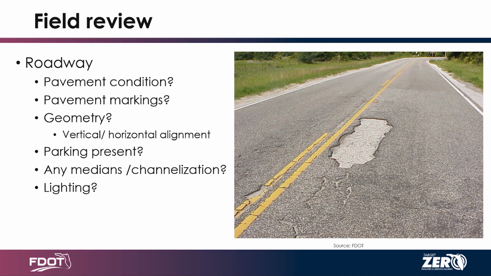When I go out and do it, I would note it, and then I would probably tag in my roadway people and ask, can you take a closer look at it? Visually, you can tell something's a little funky, but a big part of a safety field review is that you make these observations, and then sometimes they do require further study. That might be where you tag in someone that has a little bit more experience in that realm.